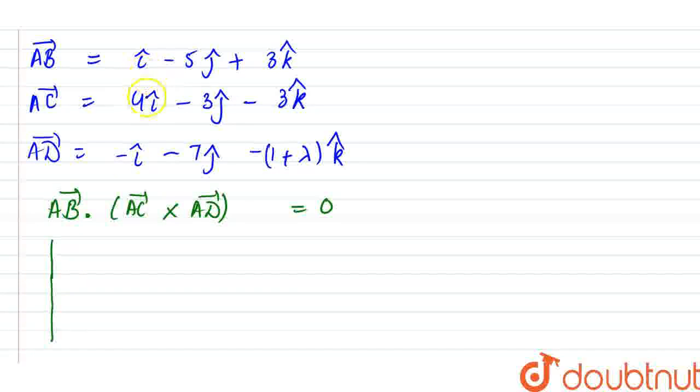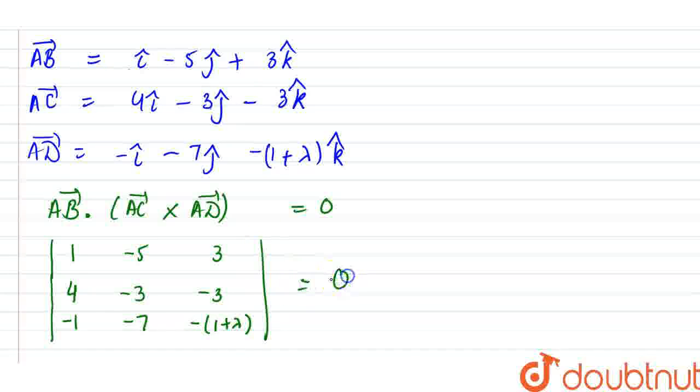So let us write down component wise. So this is i cap component 1, this is 4, and this is -1. J cap component is -5, this is -3, -7. K cap component is 3, -3, and this is -(1 plus lambda), is equals to 0.